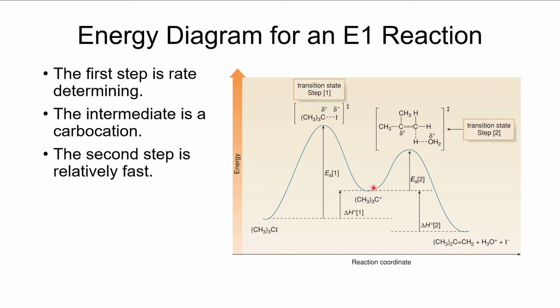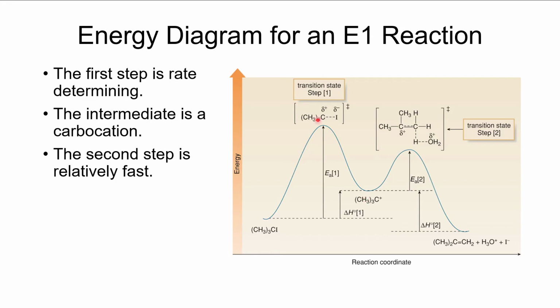The second step is relatively fast. It has a much smaller activation energy, much lower transition state energy than our first transition state. And our product is down here. So the way this one is drawn, we have an overall slightly exothermic reaction.